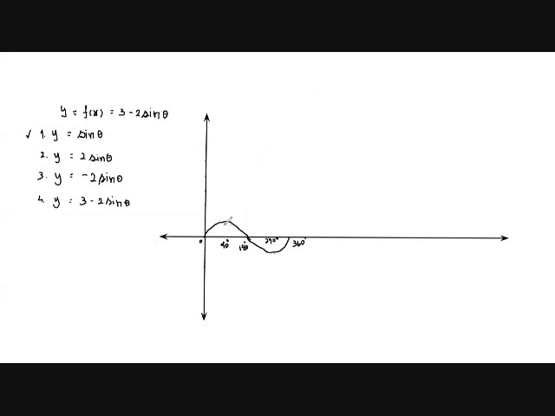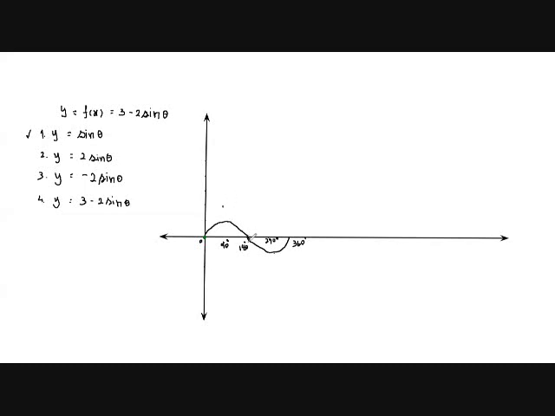y equal to 2 sine theta. So if theta is 0, it becomes 2 times sine 0. Sine 0 is 0, times 2 becomes 0. So it still stays at the same point. And sine 90 equal to 1, then times 2 equal to 2. So from this point, move up to here.